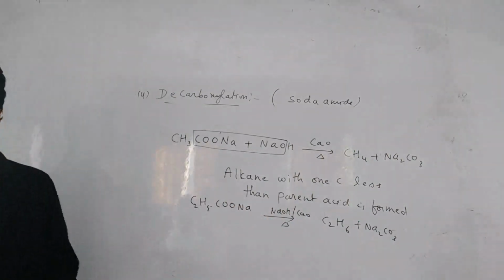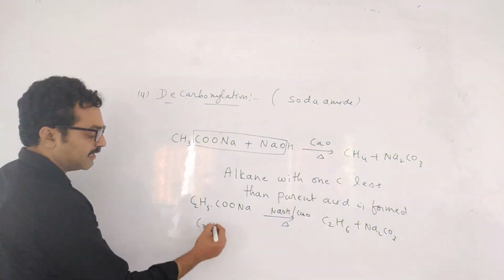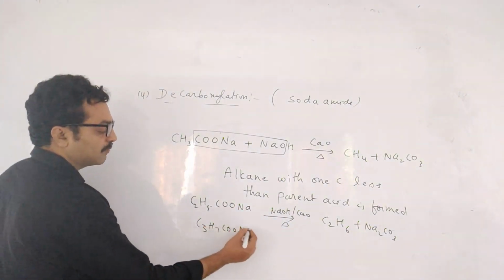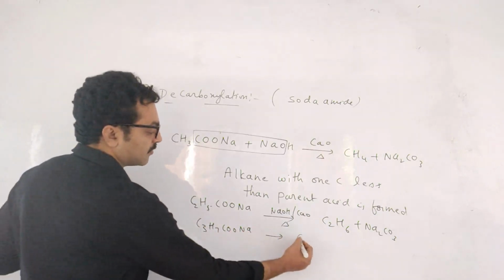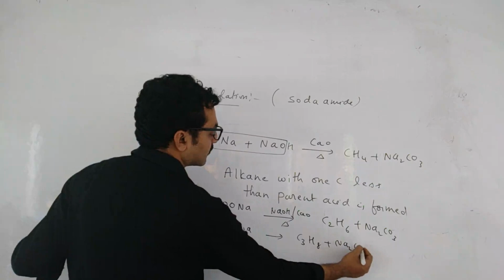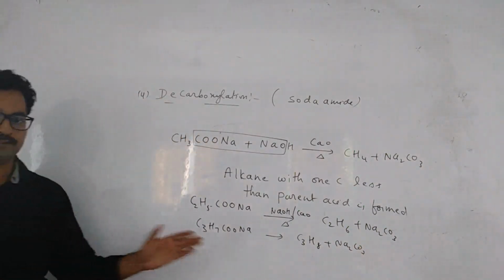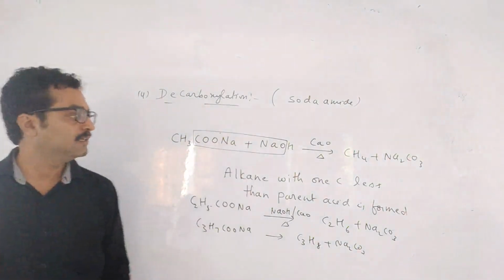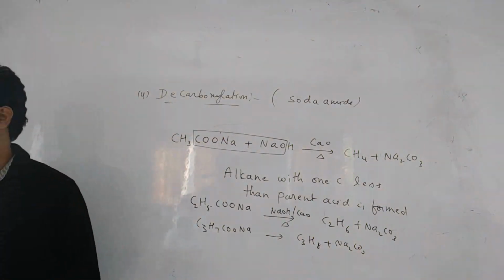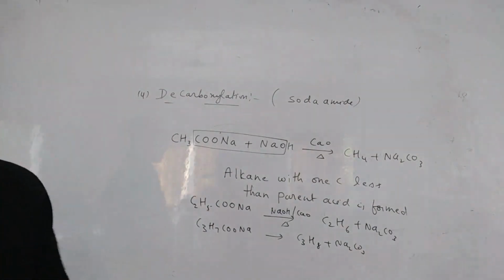If I take sodium butanoate, C3H7COONa, then what is the product you will get? Propane, children, right? So 1 carbon will be less. Understand? This is the decarboxylation reaction. Right?